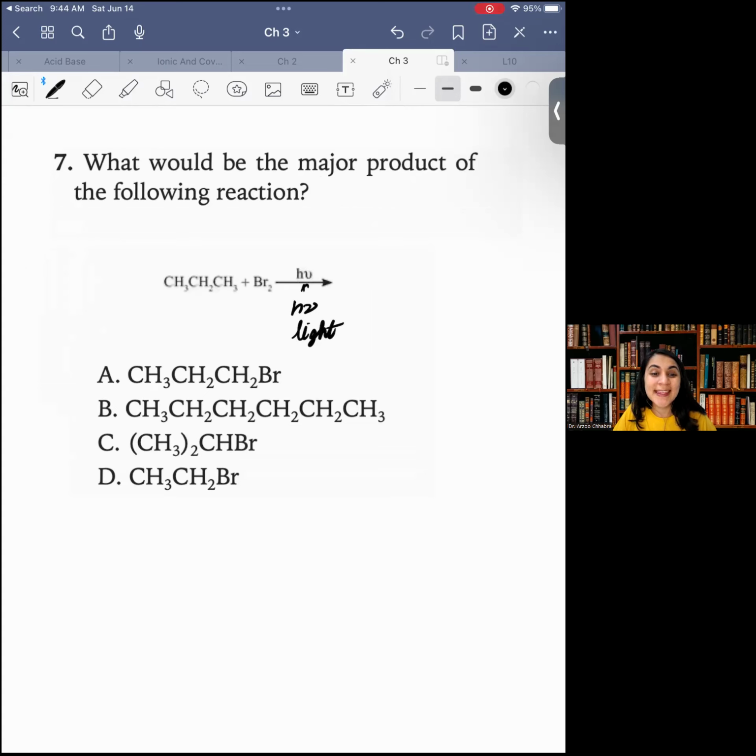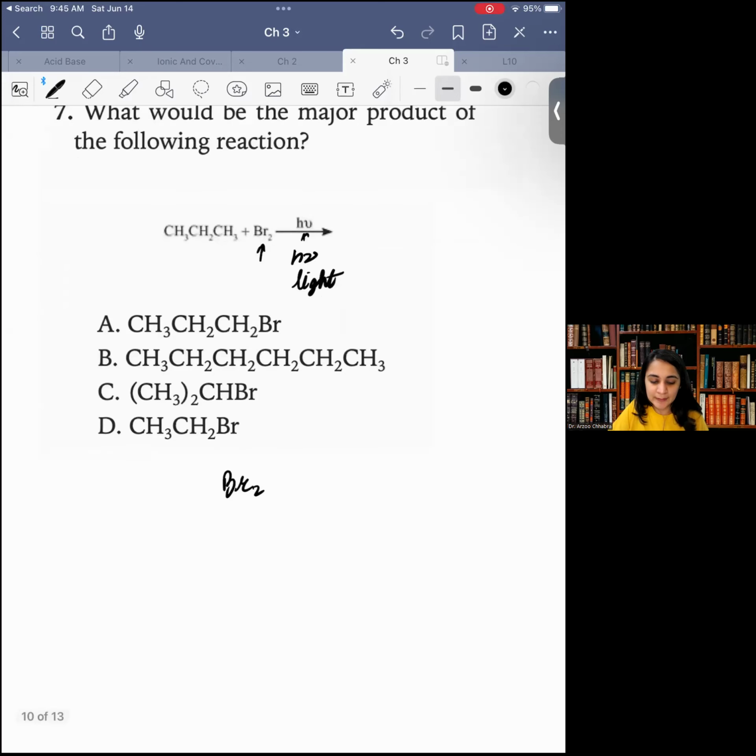So now in this reaction, what we do know is that Br2 is... okay, and this is the underlying knowledge that you have to have to be able to answer this question. That Br2, when it forms a product, is very selective, right?